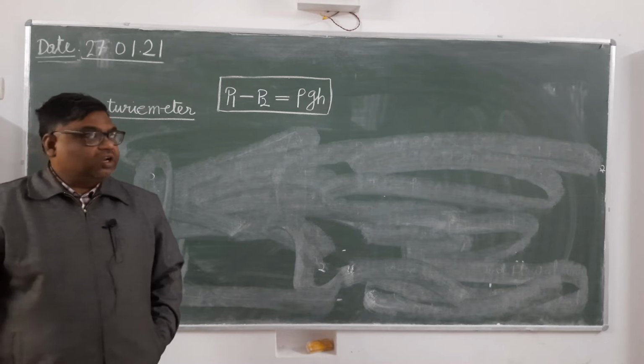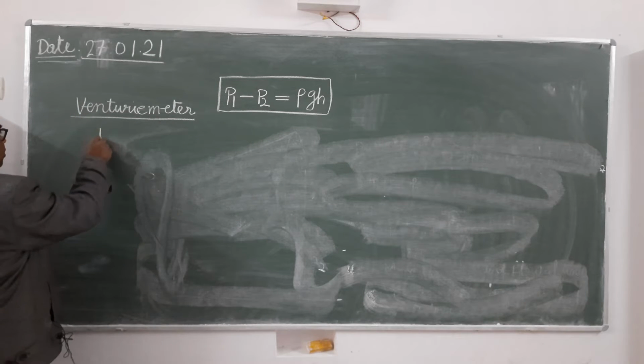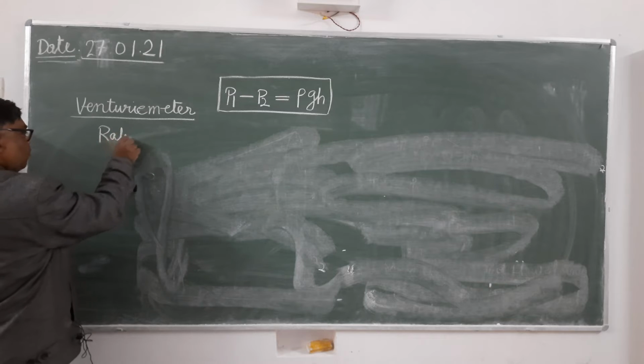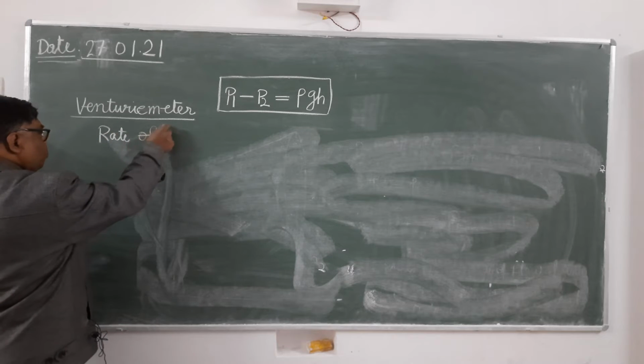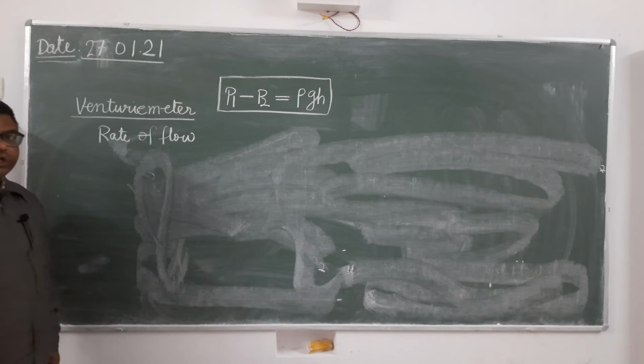It's clear? Now see here, rate of flow means, what is the meaning of rate of flow? So rate of flow means it is the volume of liquid flowing per unit time.